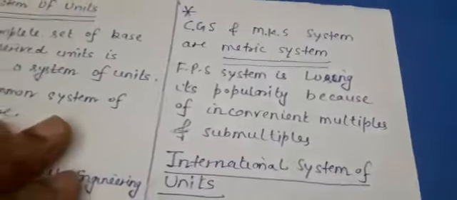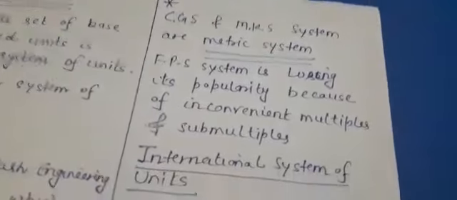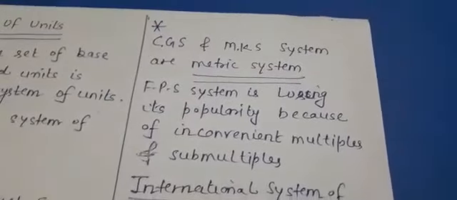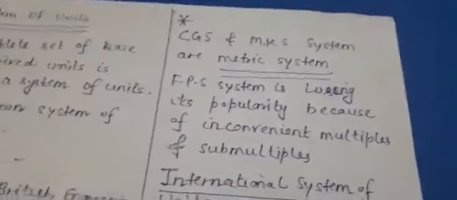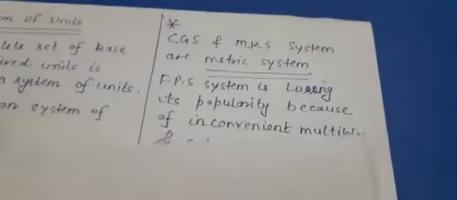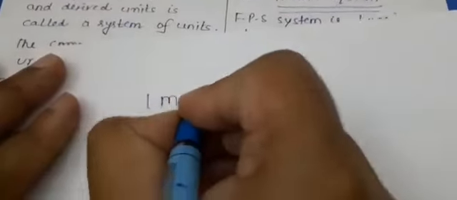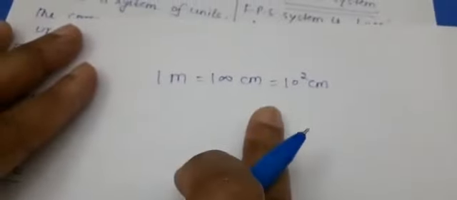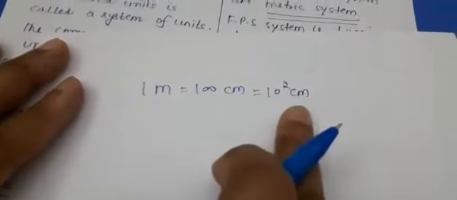Metric system can be expressed as multiples and submultiples of 10. Like we can take 1 meter equal to 100 centimeter, that is 10 raised to the power 2 centimeter. That is, it is a multiple of 10, 10 into 10.